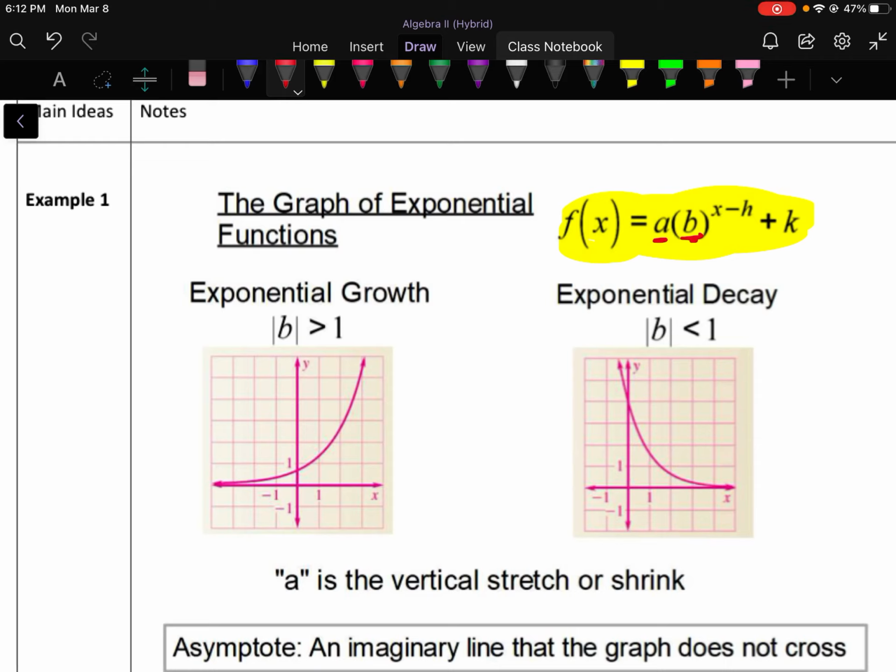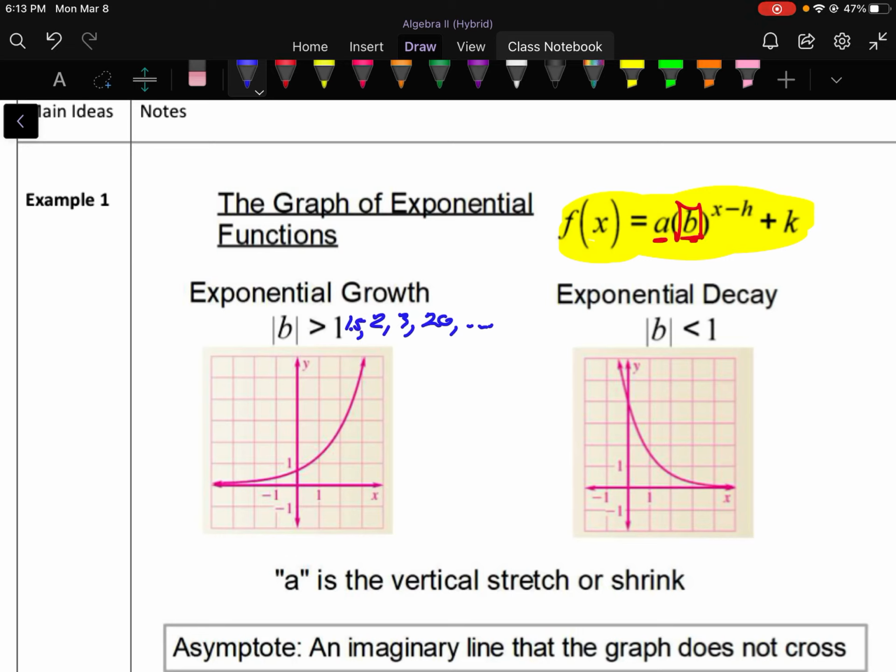But here's how you tell really quickly if you have growth or decay. You're going to look at your b value, okay? If your b value is greater than 1, so for example, 2, 3, 20, so on, 1.5, you have growth.